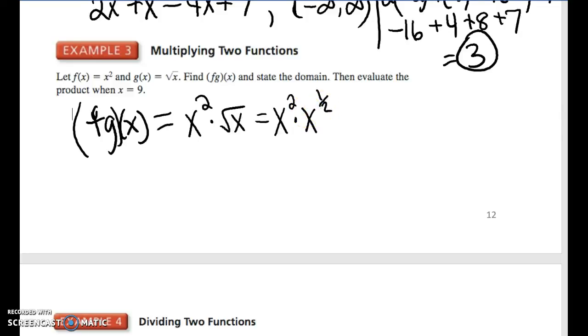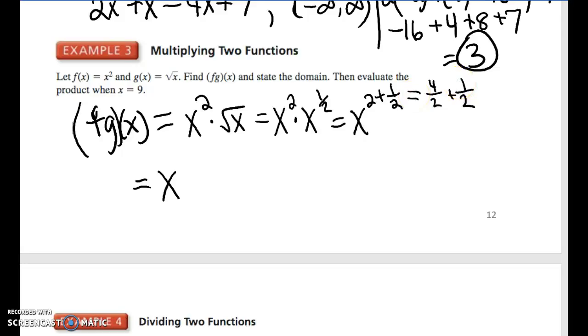And we can add exponents here. So we want to add 2 plus 1/2. So we know that's 2.5, but we want to make a common denominator here, and we want to make it an improper fraction. So we're going to get x, let's see, we'll make this 4 over 2 plus 1 over 2.